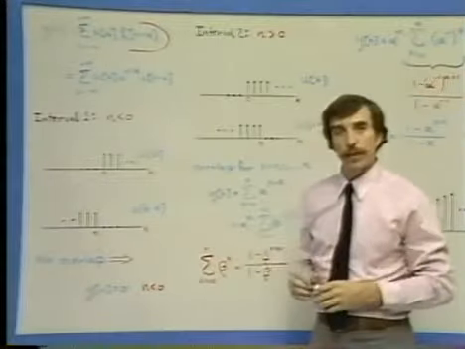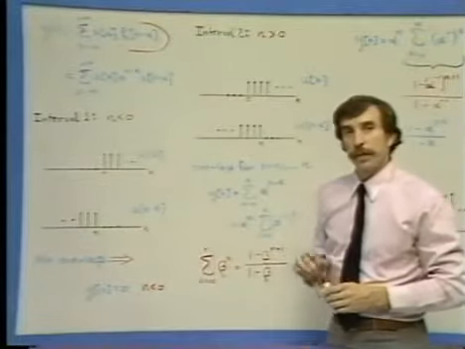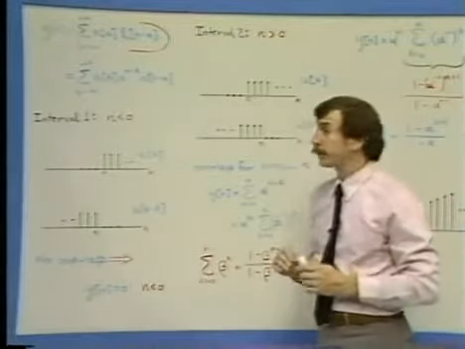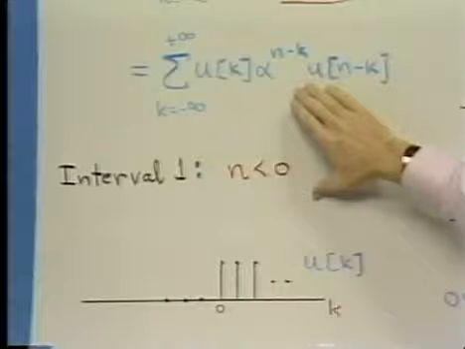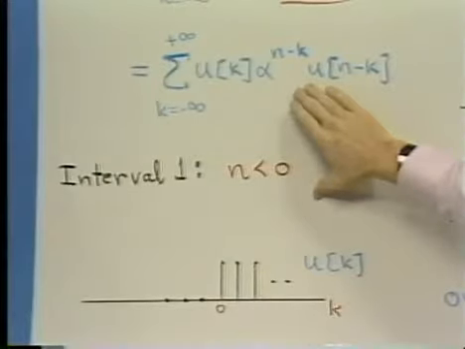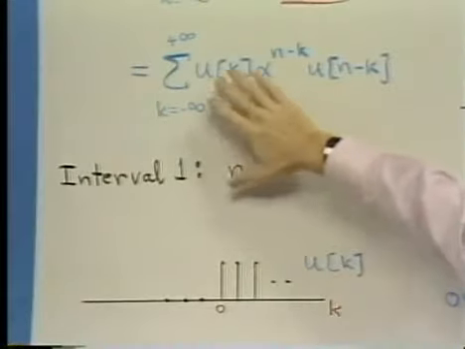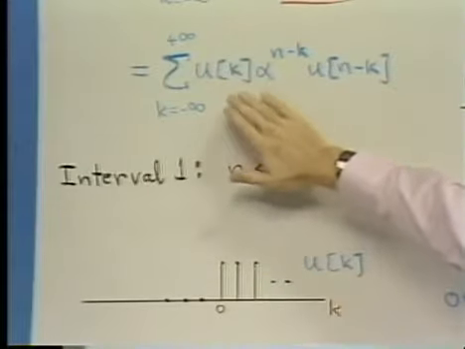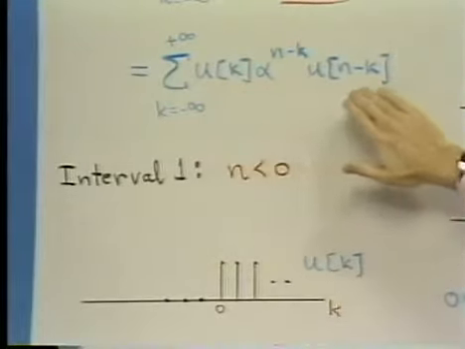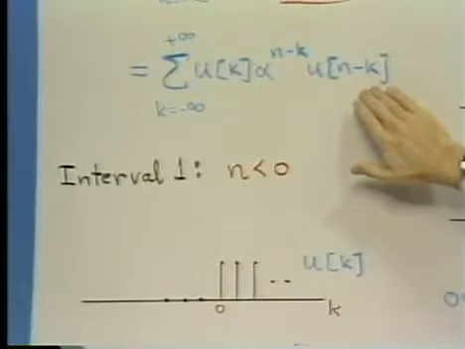And that's, in fact, what we have here. In particular, let's look at the sum. And what we observe, first of all, is that the limits on this sum are going to be modified depending on where this unit step is 0 and non-zero.